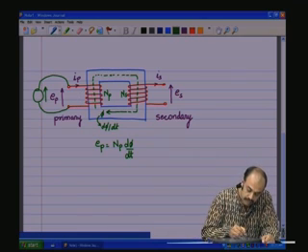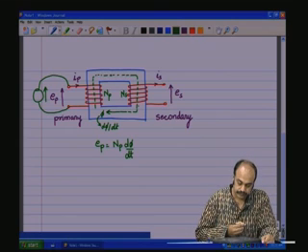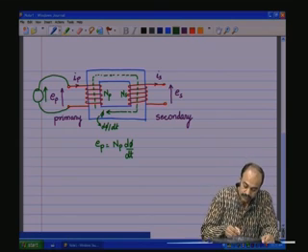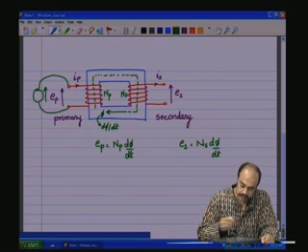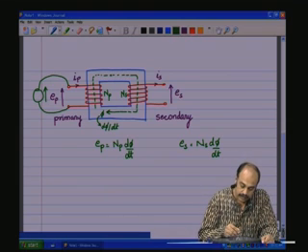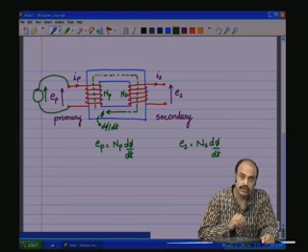Now, the same flux is linking the secondary also. So, therefore, if we look at the secondary coil, ES will be NS d phi by dt. That is, there is another coil here, NS, the same flux flowing through the coil.